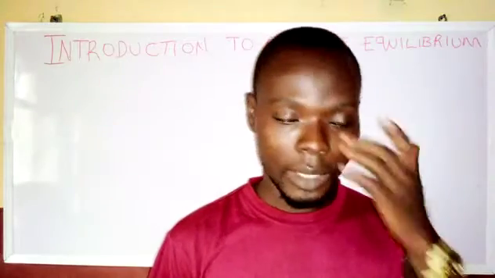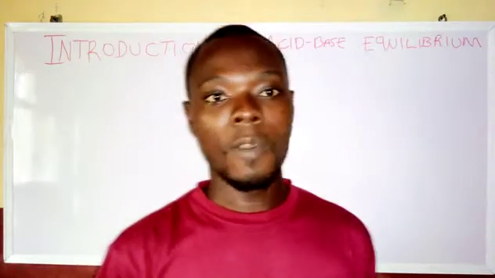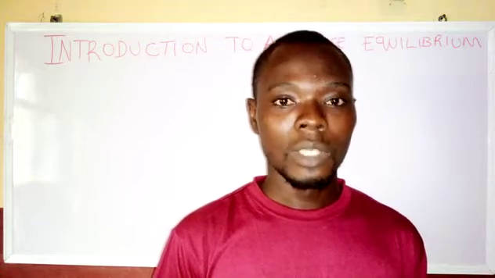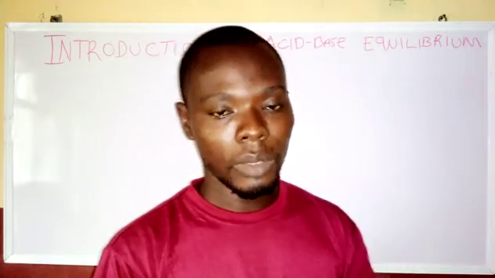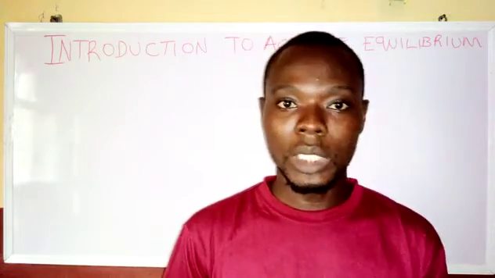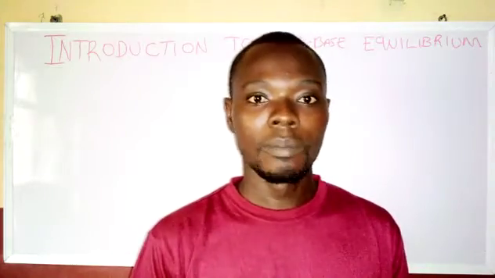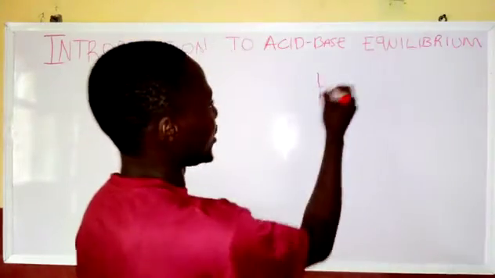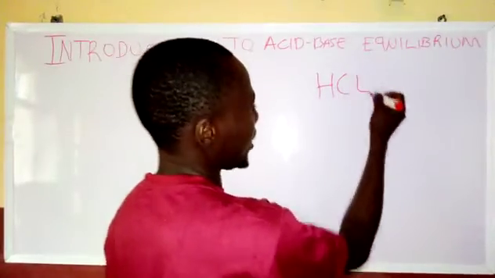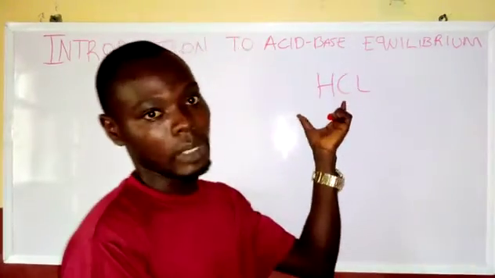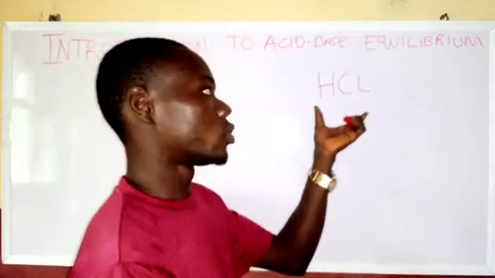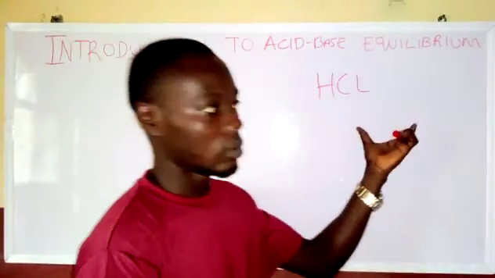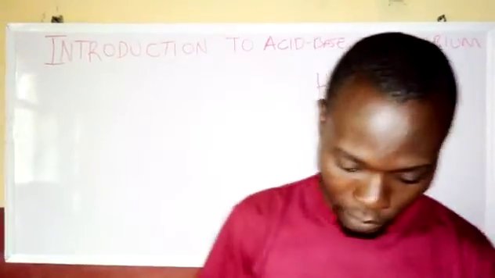to first propose that an acid is made up of oxygen. Later, towards the 18th century, Sir Humphry Davy, through his experiments, studied HCl, hydrogen chloride, which dissolves in solution to give hydrogen and chloride ions.